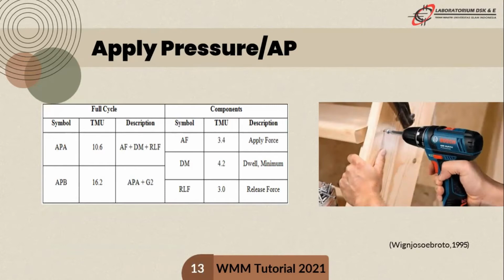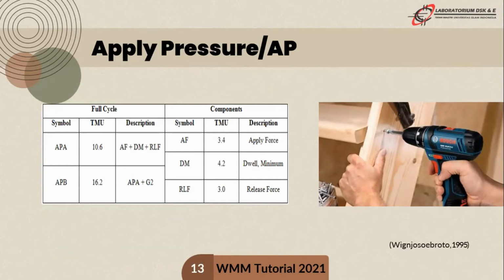For APA, there are AF, DM, and RLF, which refer to AF, apply force, DM, dwell minimum, and RLF, release force. Apply force is when we do the activity and we need extra force.